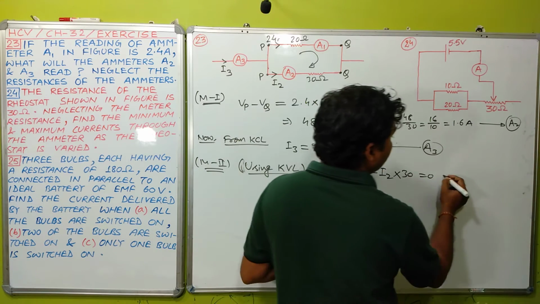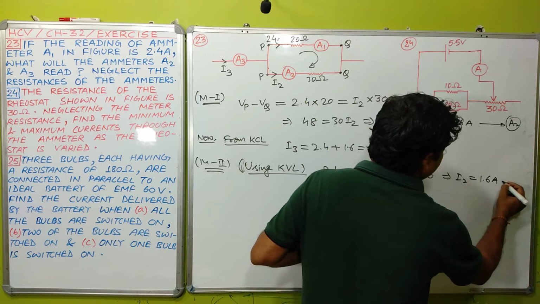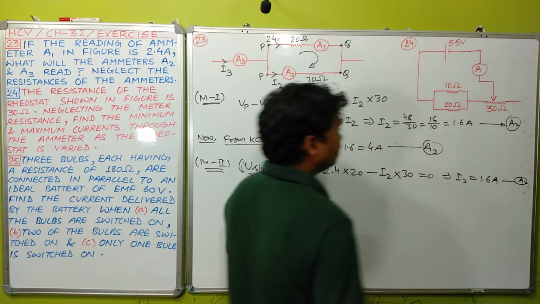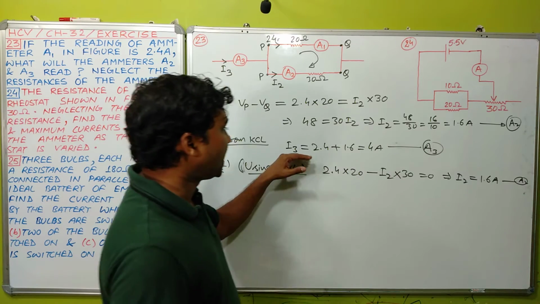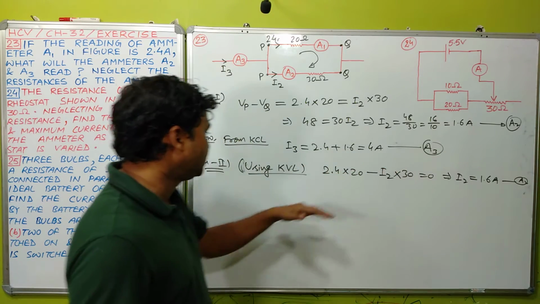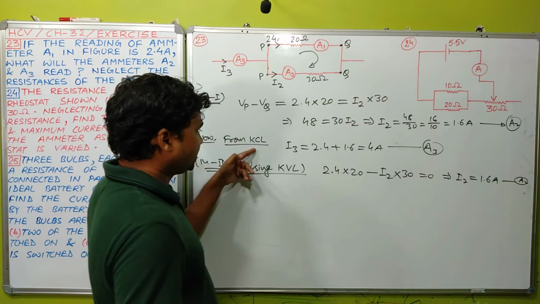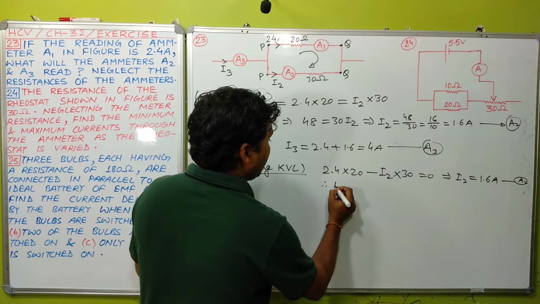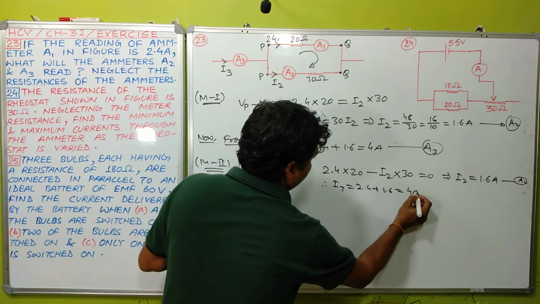From here the value of I2 is 1.6 ampere, the reading of ammeter A2. Again, for finding I3, the reading of ammeter A3, you can use KCL, and I3 will be 2.4 plus 1.6, which equals 4 ampere.